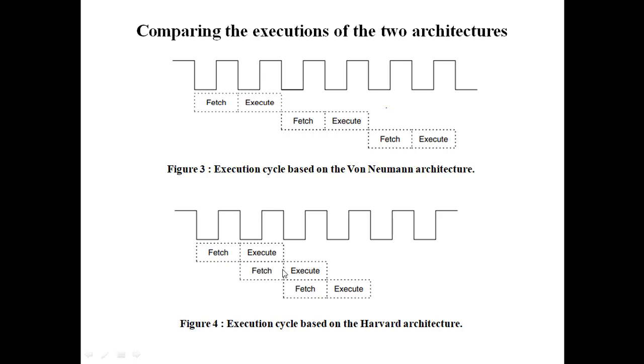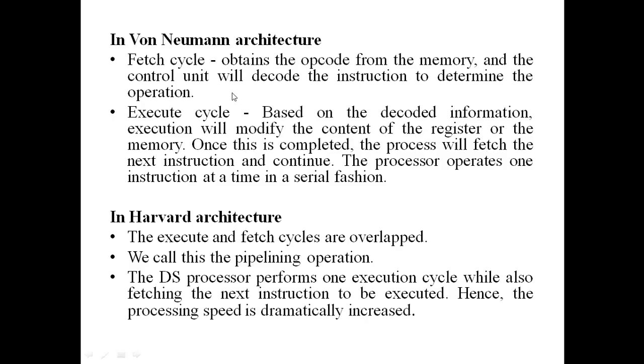Once the processor is done fetching the next instruction, immediately in the next cycle it will go to the execution cycle, right? And this will continue till the program ends. The concept of execution and fetch operations happening in parallel is called pipeline operation. We'll discuss it in detail in this slide.